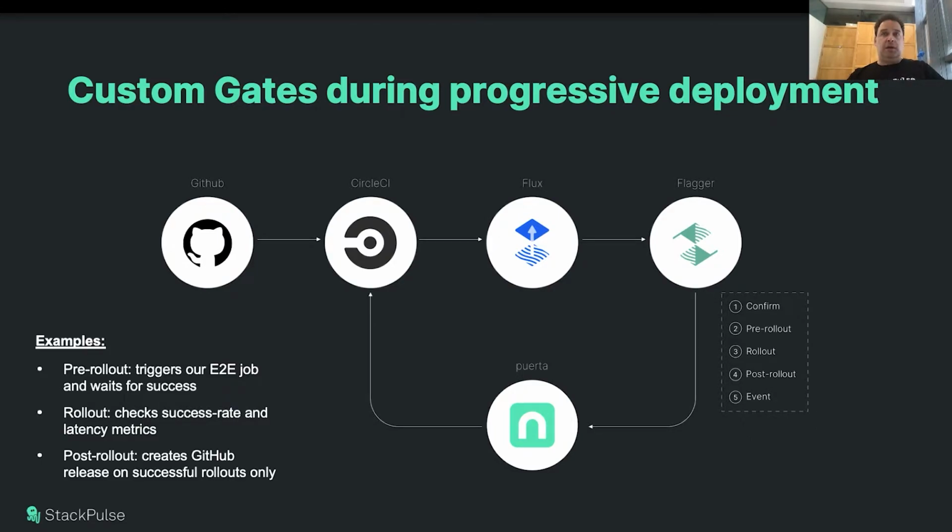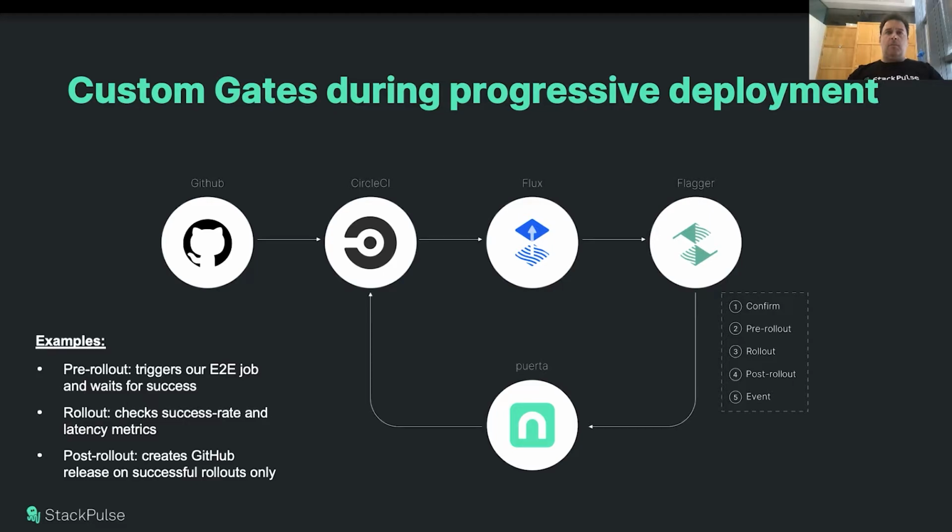For example, in a pre-rollout webhook, which means before we start shifting the production traffic, we trigger our end-to-end tests, right, that cover a lot of user scenarios synthetically in order to increase our confidence in the fact that we can promote this thing, because most important, hopefully within time, all user flows have been tested.